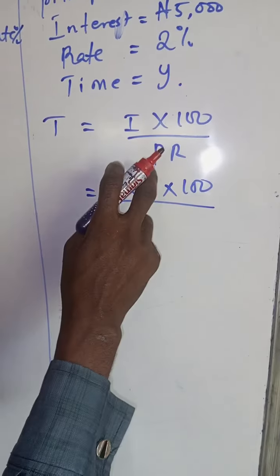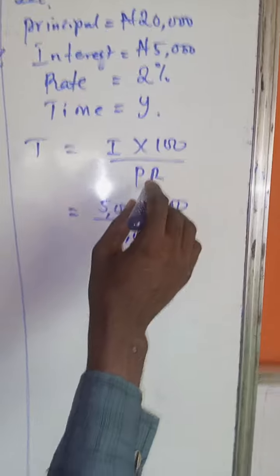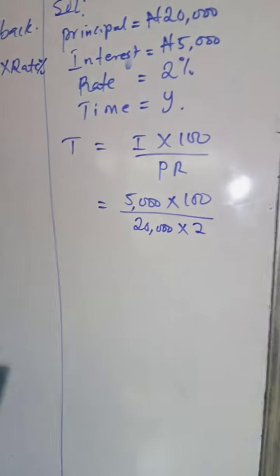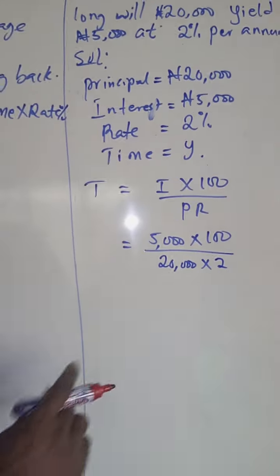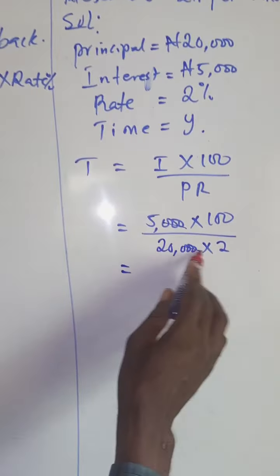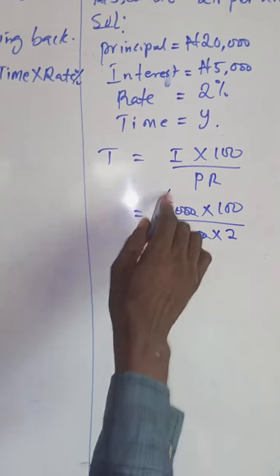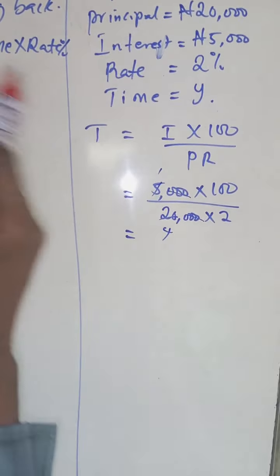We now have our principal to be 20,000 and our rate to be 2. Now let's see what we are going to have. 30 will cancel 30, right? 5 in 20, I think 4.